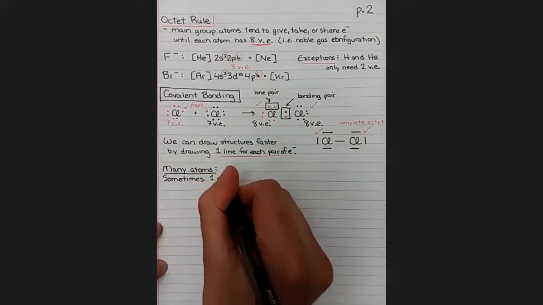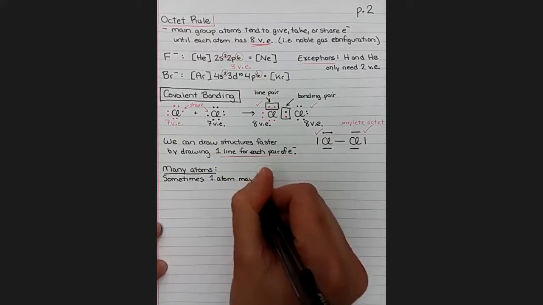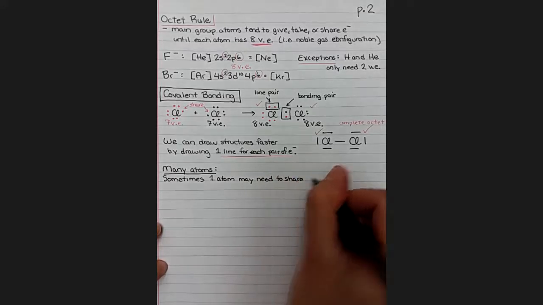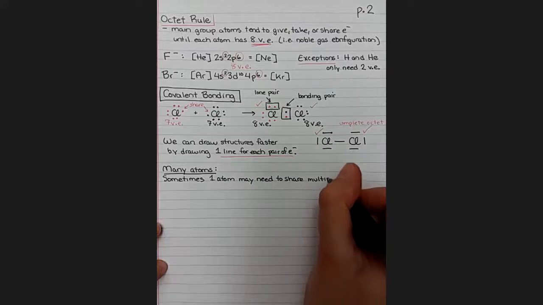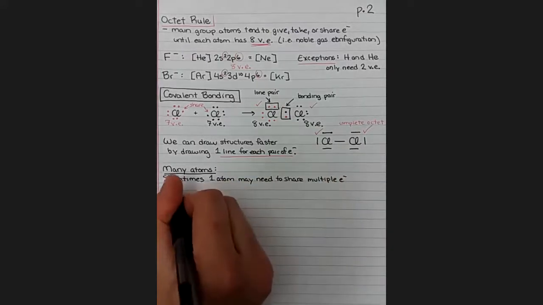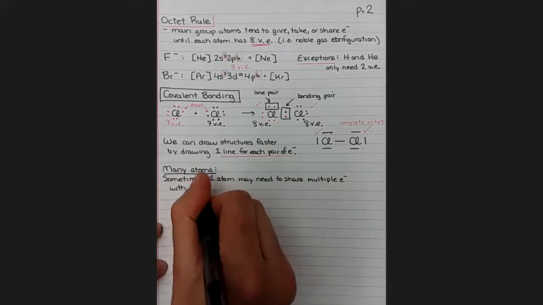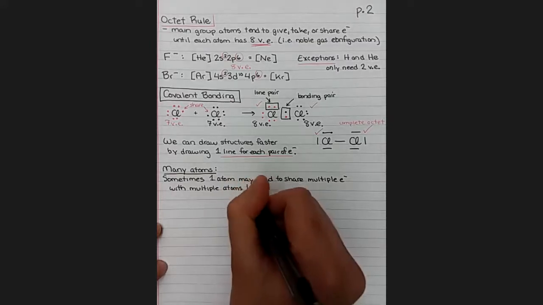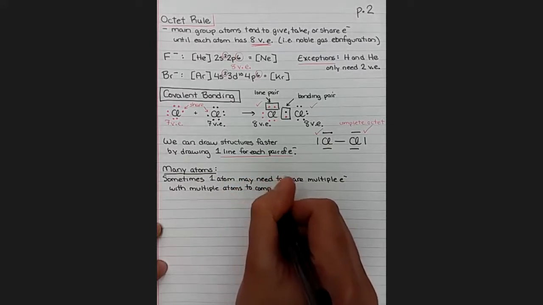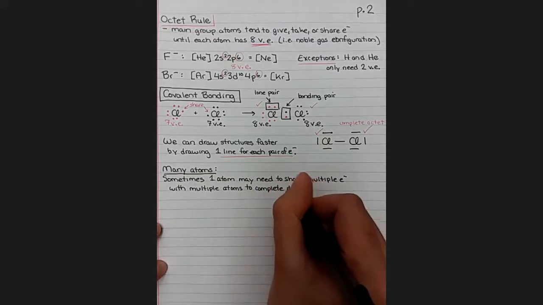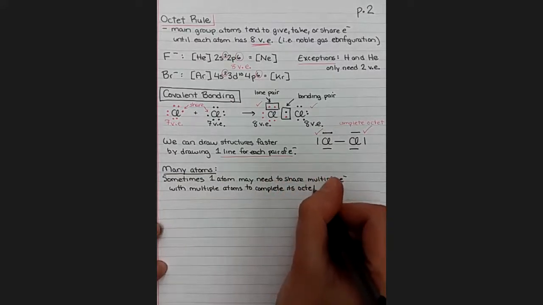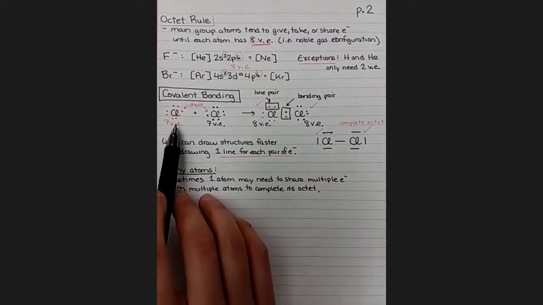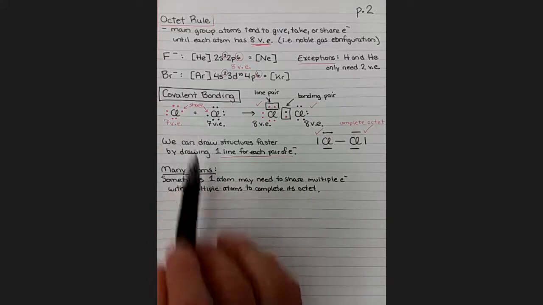Sometimes one atom may need to share multiple electrons with multiple atoms in order to complete its octet. And that probably makes sense, right? Chlorine has 7 out of 8 valence electrons. It only needs 1 more, so it only needs to share with 1 other atom.